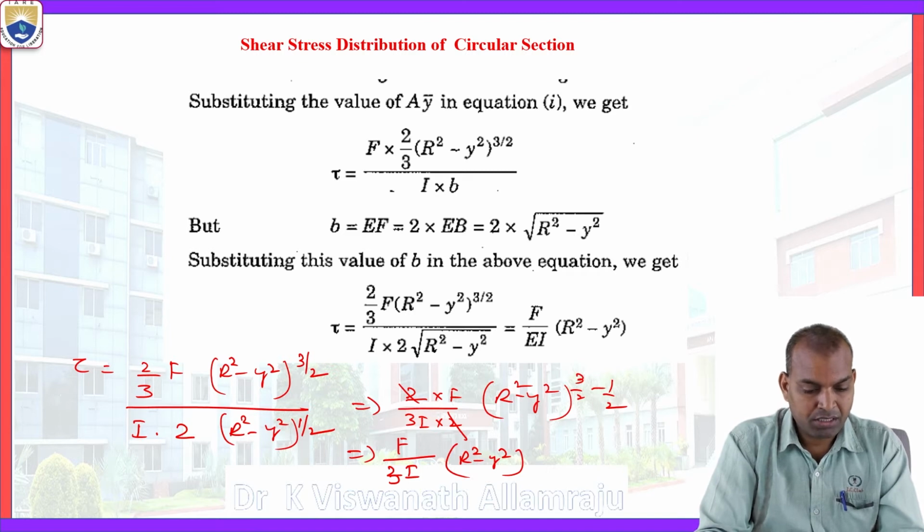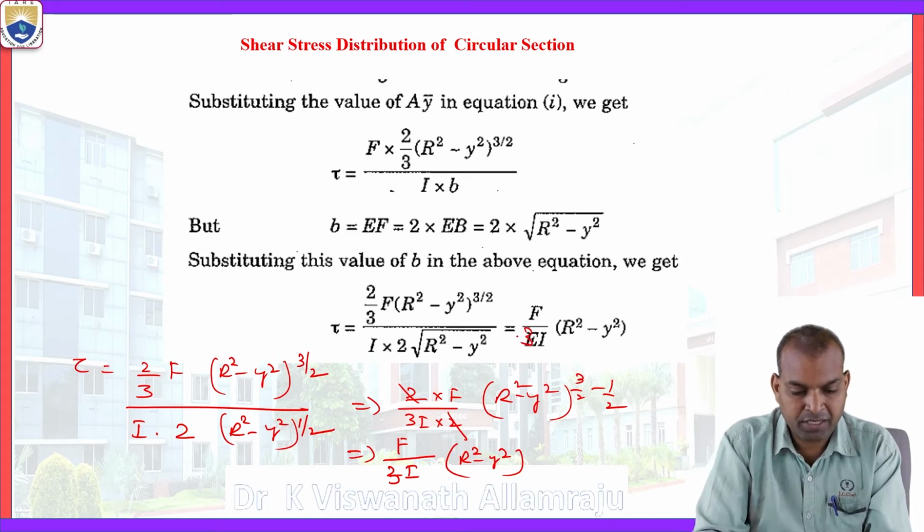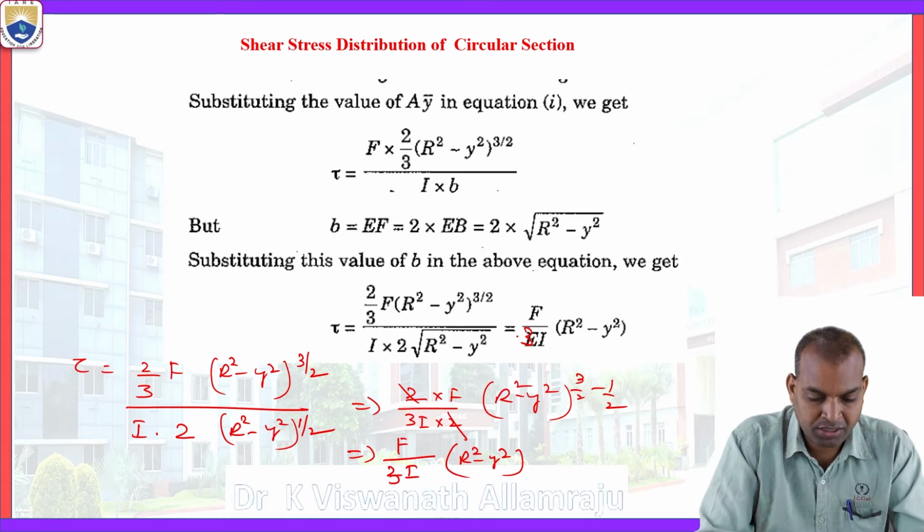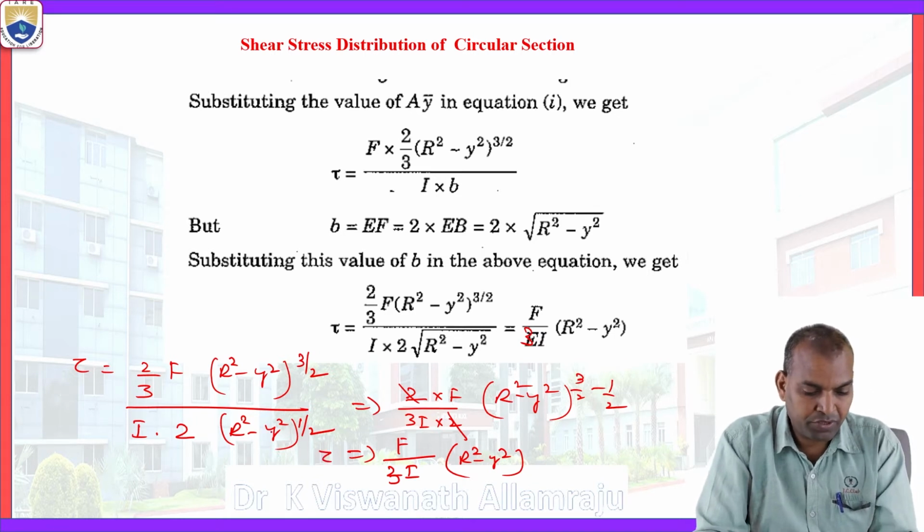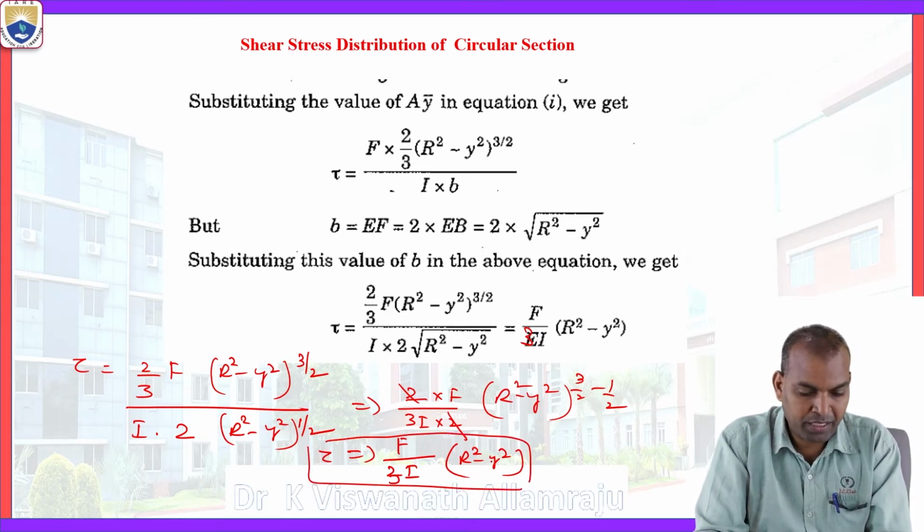That is F by 3I, it is 3, not EI. There is no modulus of velocity. Now this is the formula: tau equals F by 3I times (R square minus Y square).